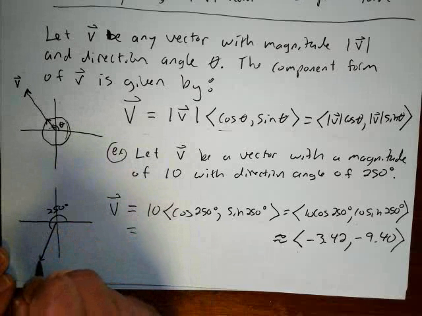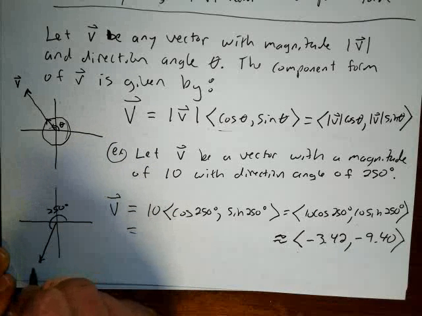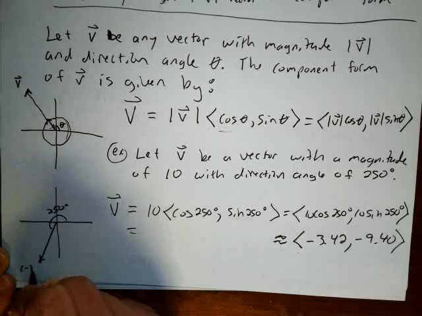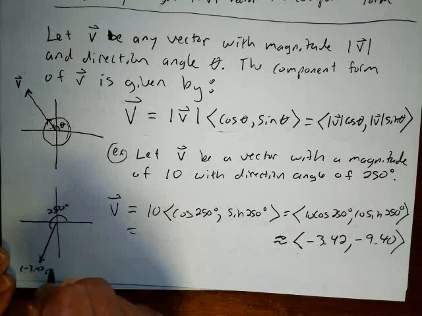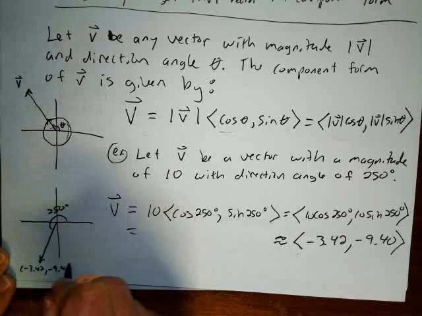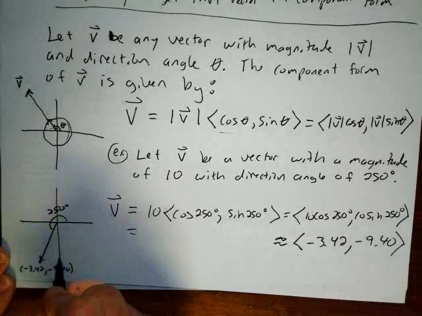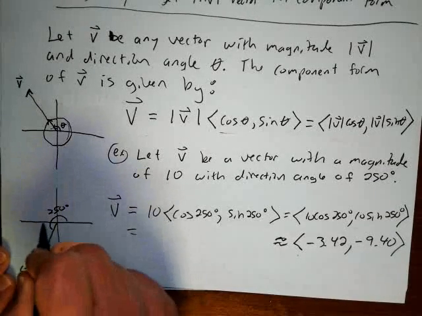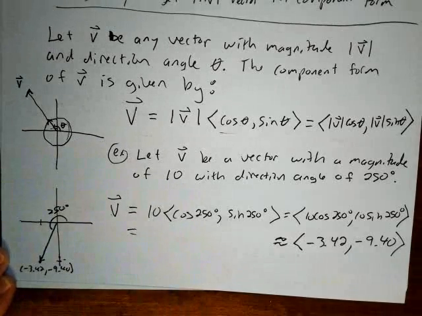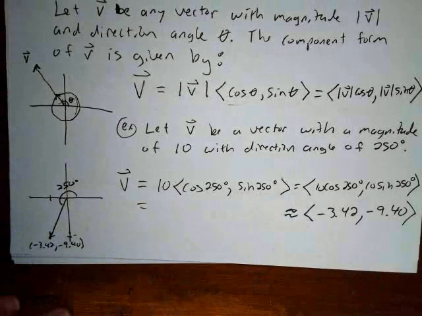So it actually makes sense at this point, negative 3.42 and negative 9.40. That actually makes pretty good sense, just like you would expect.